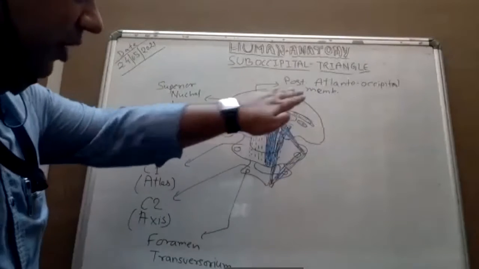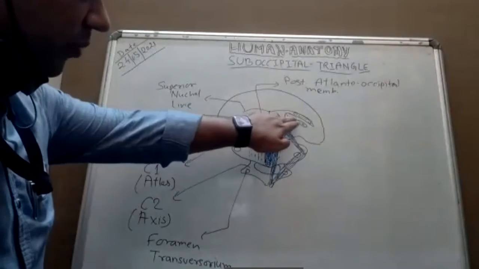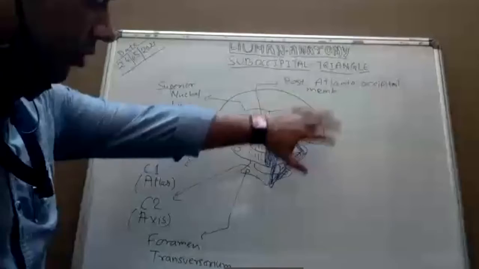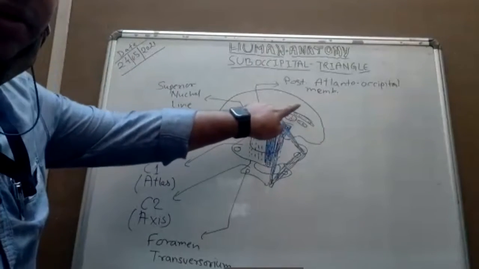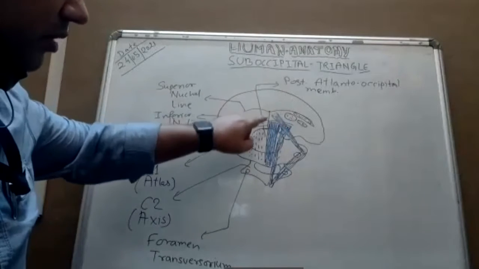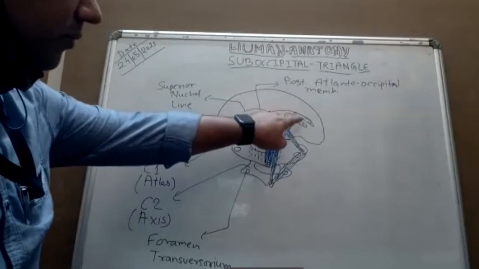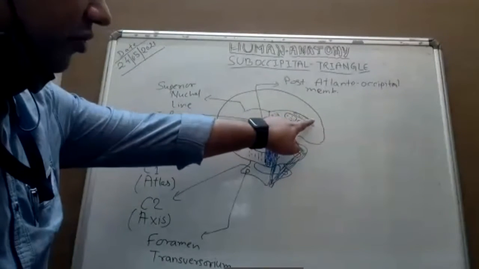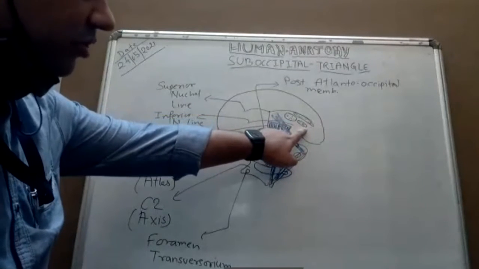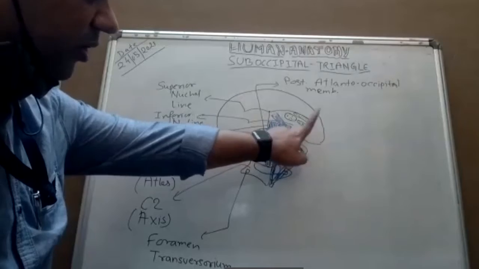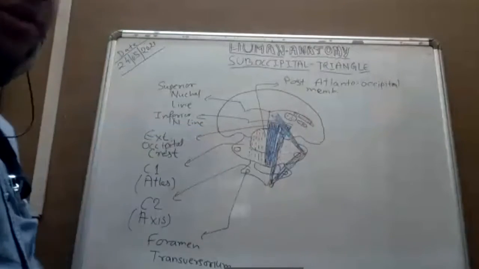So splenius capitis comes first, then semi-spinalis capitis, longissimus capitis, and over all of them the trapezius muscle, which arises from the medial two-thirds of the superior nuchal line, if you remember, norma occipitalis. And from here the sternocleidomastoid, and below the sternocleidomastoid, splenius capitis and longissimus capitis arise from the mastoid process. So these are forming the roof.